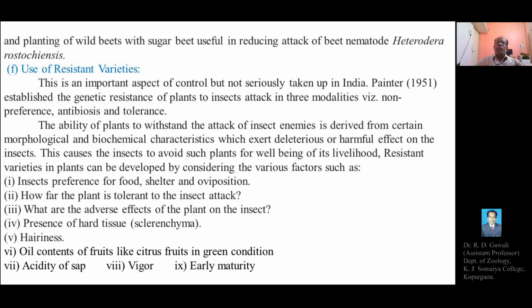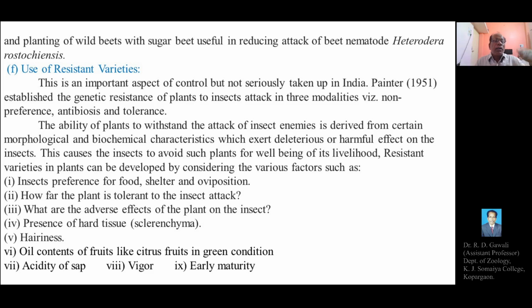So these are the various features or characteristics of the plants which can be manipulated in such a way that the pest could not prefer these features, and ultimately the particular crop gets protected from the attack of different pests due to the unfavorable conditions or odd features developed in the crop varieties, and this will certainly help in preventing the pest attack.